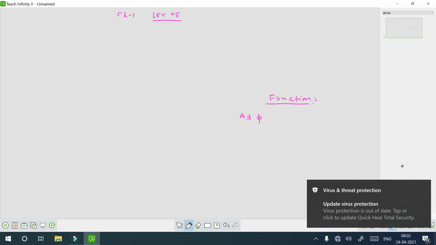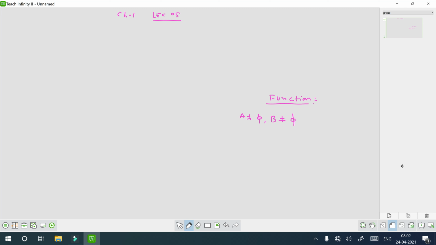Lecture number 5. See, in 11th standard we already saw some basic concepts of function. Let us recall the definition of function. A is a non-empty set, B is a non-empty set.